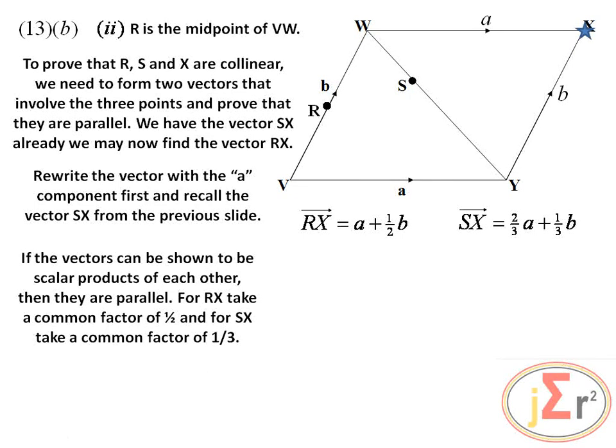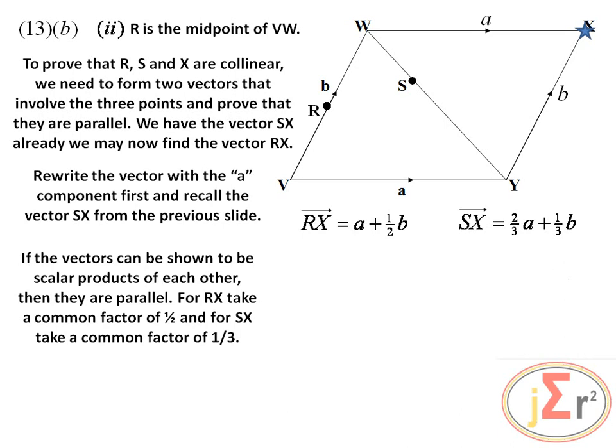If the vectors can be shown to be scalar products of each other, then they are parallel. There is another way to show that they are parallel: if they can be shown to be scalar products of the same vector.